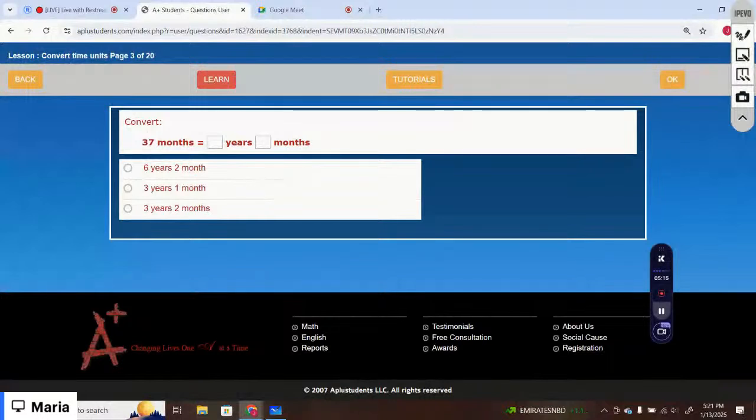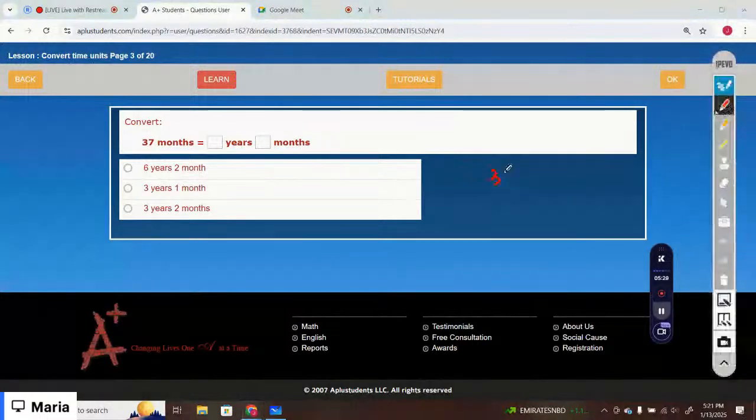Thirty-seven months equal how many years and months? You have to divide because you need to write the answer in years. So you have to divide it by 12. 12 times 3 is 36, right?